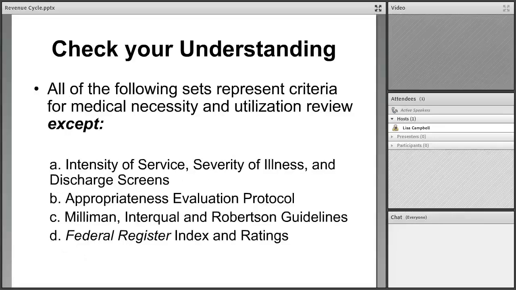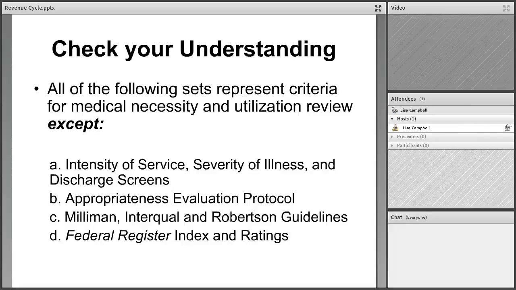Next question. All of the following sets represent criteria for medical necessity and utilization review, except, we just talked about this. A, intensity of service, severity of illness, and discharge screens. B, appropriateness evaluation protocol. C, Milliman, Interqual, and Robertson guidelines.